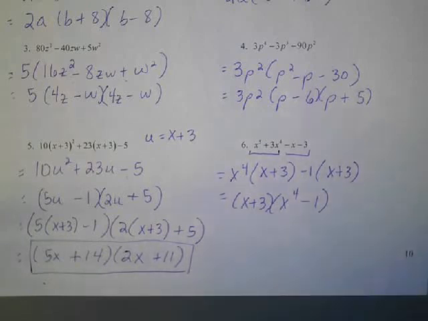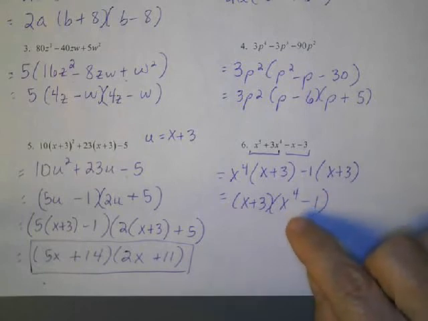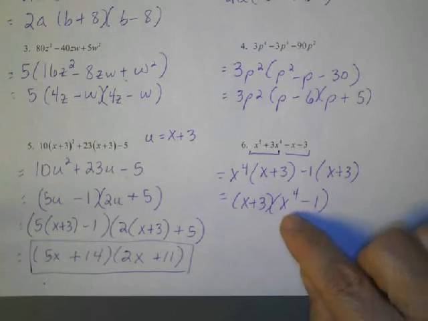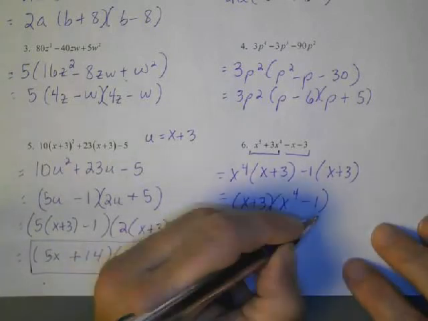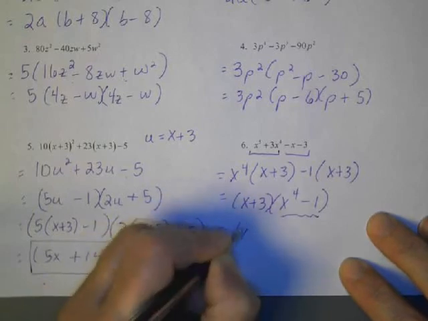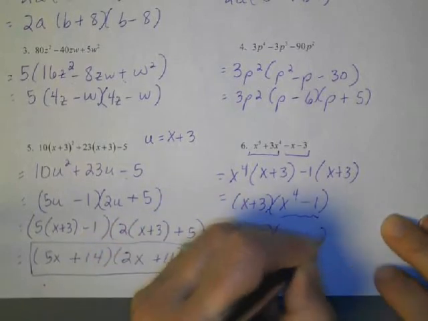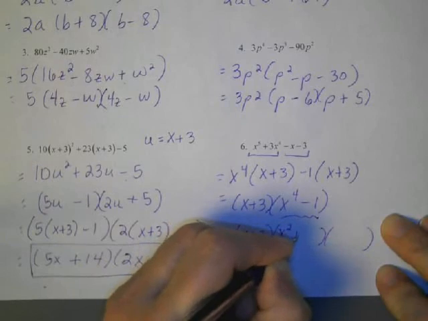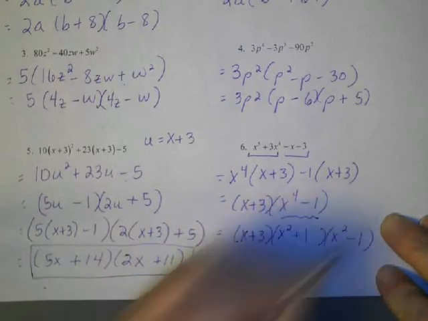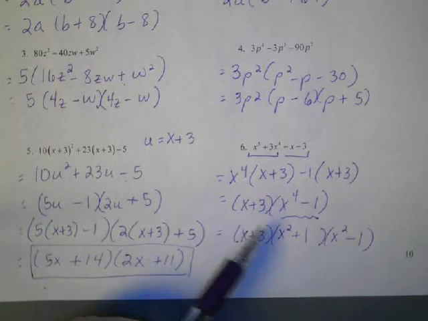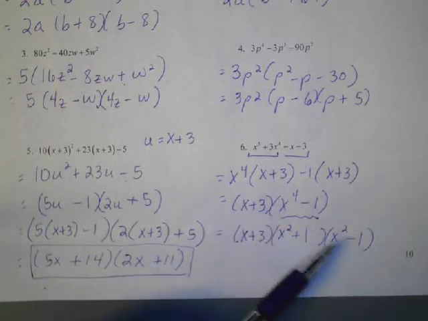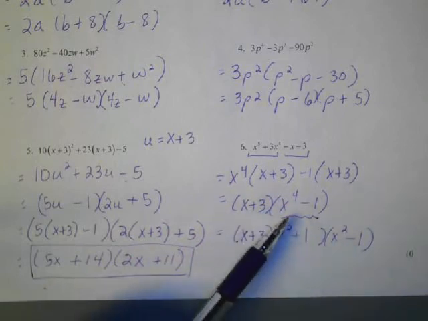Now you would expect to be finished, but this is going to begin to happen. X to the 4th minus 1 is a difference of 2 squares. I have opposite signs and I have perfect squares, so I must factor this further. So x squared plus 1, x squared minus 1 is what I would use.